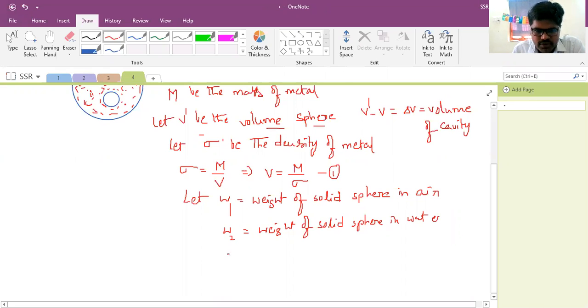Then we already know the buoyancy force FB acting on the solid sphere. FB is equal to W1 minus W2.